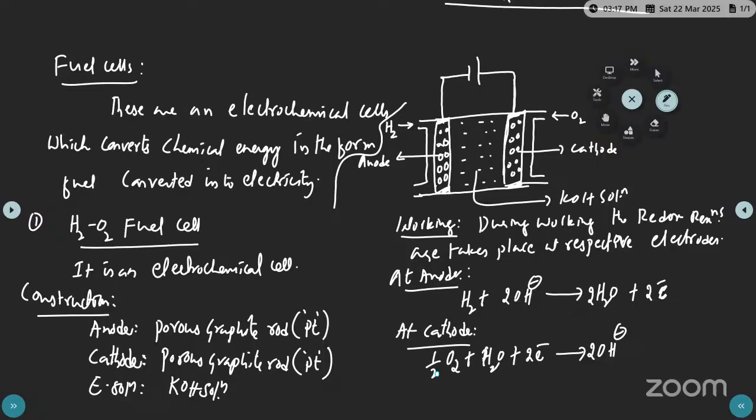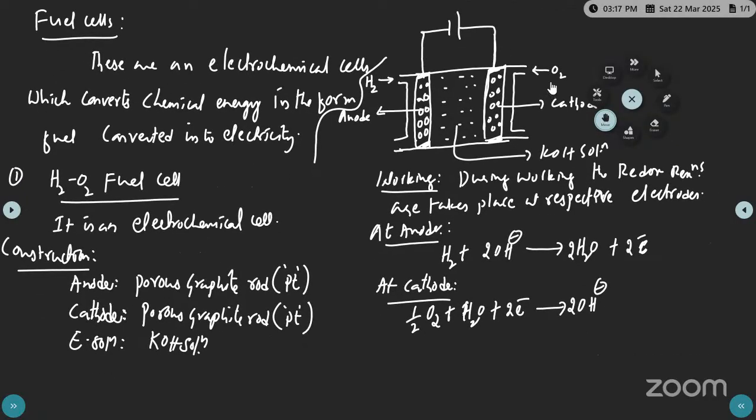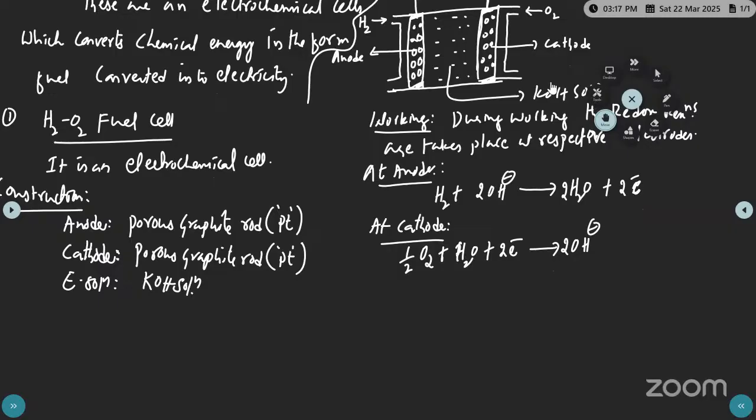And write the net reaction, or cell reaction. H2 plus 2 OH minus ions gives rise to 2 H2O plus 2 electrons.